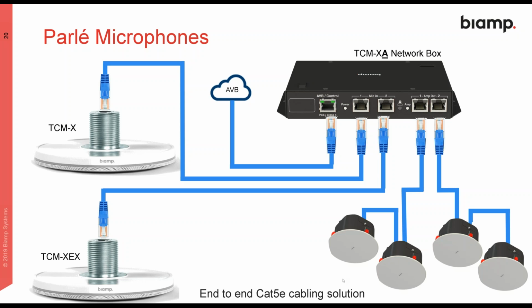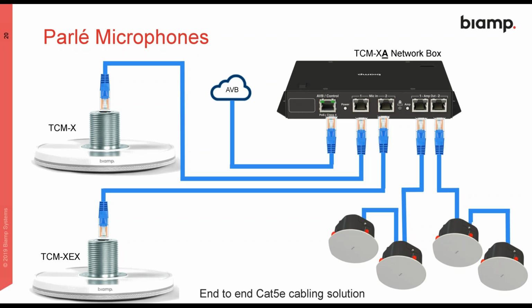So on this picture, we're using the Biamp speaker, the Desono CIC6, which is 8 ohms. So when we daisy chain 2 of them, it's equivalent to a 4 ohm load. So we can have 4 speakers powered with 1 box in the ceiling, connecting 2 mics.